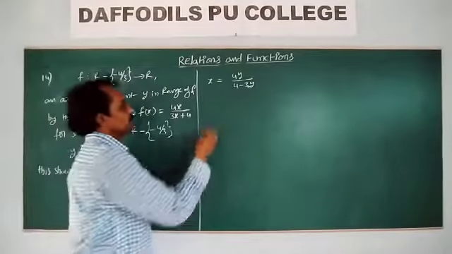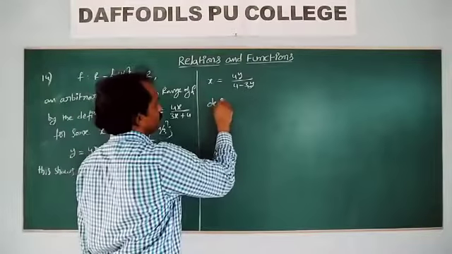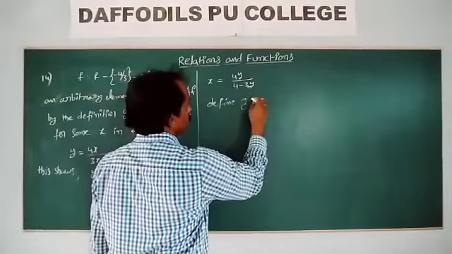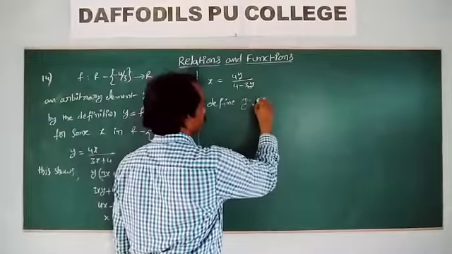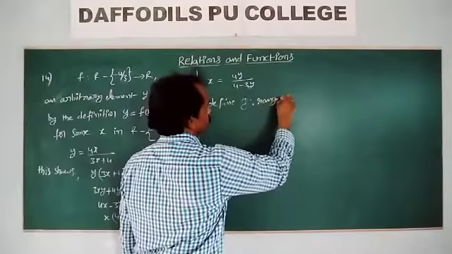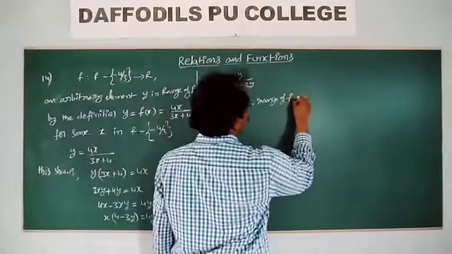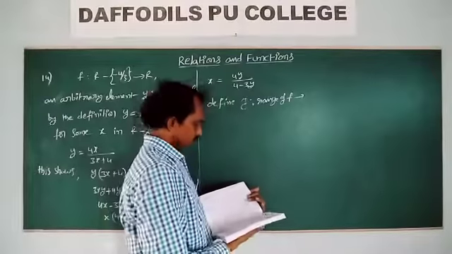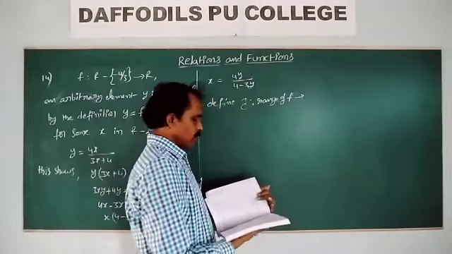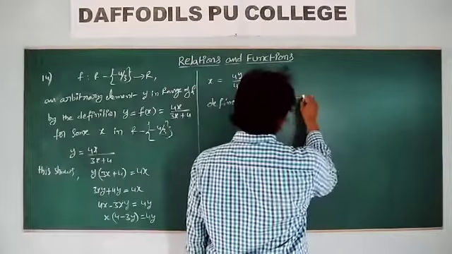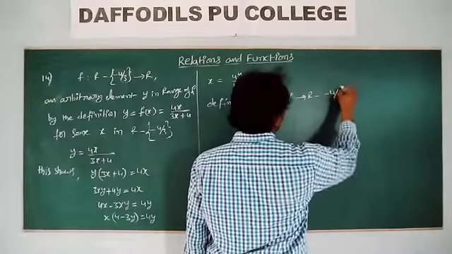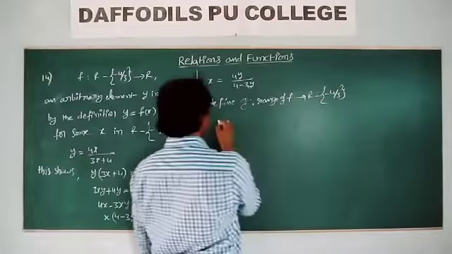Now let another function be defined in the problem. Define g mapping range of f to R minus 4 by 3.